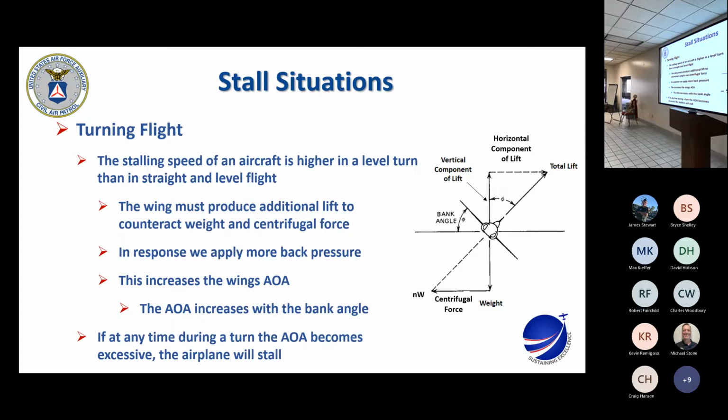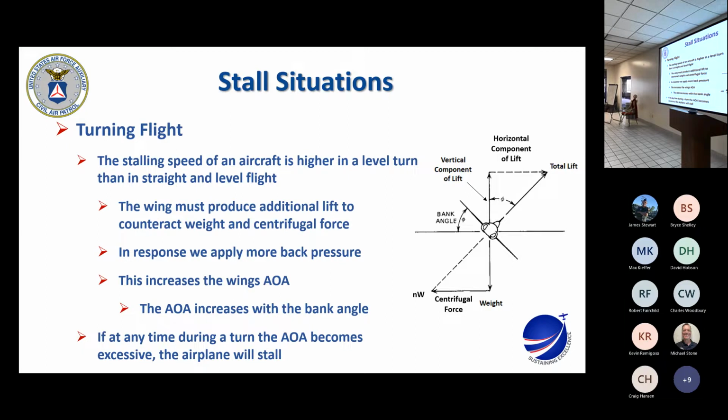So if you sum the two forces, your total lift now is higher than the original lift you had, and that's countered by that load factor times the weight. So that load factor is what you're fighting against here. What we find is that as you bank the airplane, the AOA requirement increases. And if you get that AOA too much, then you get into a turning flight stall.